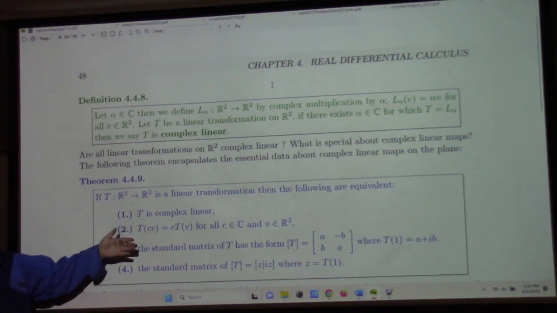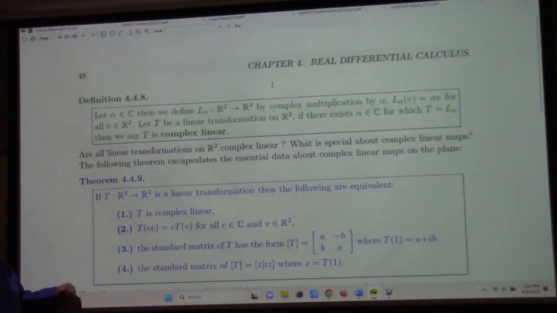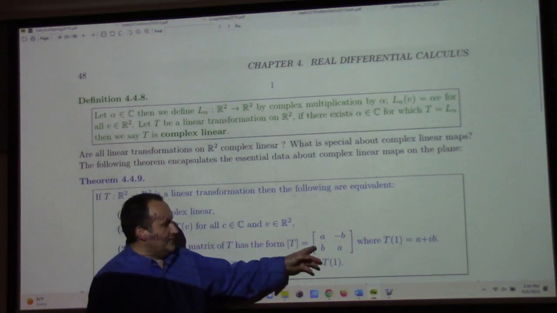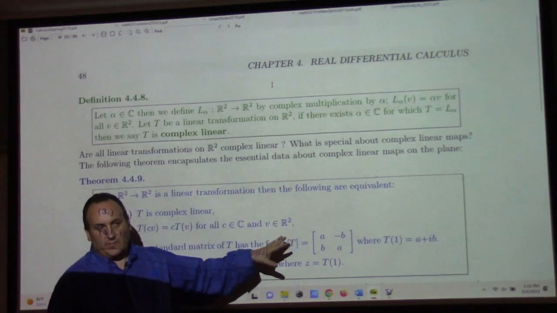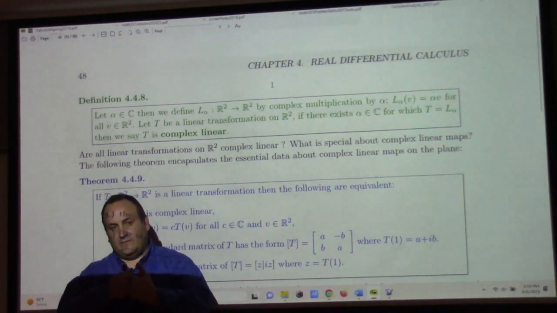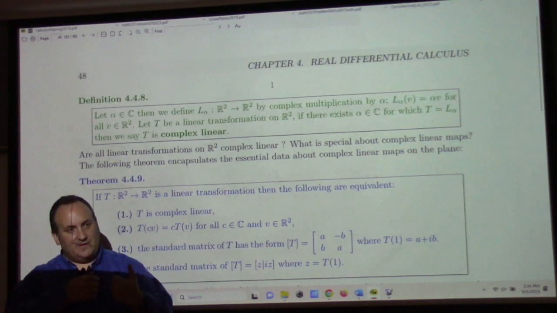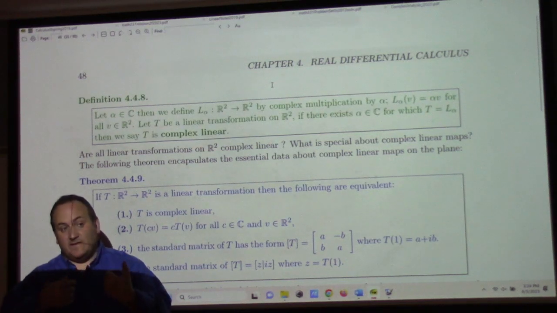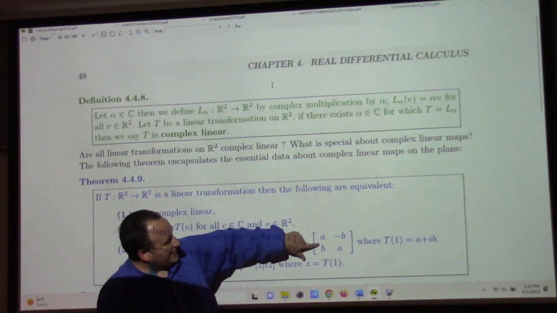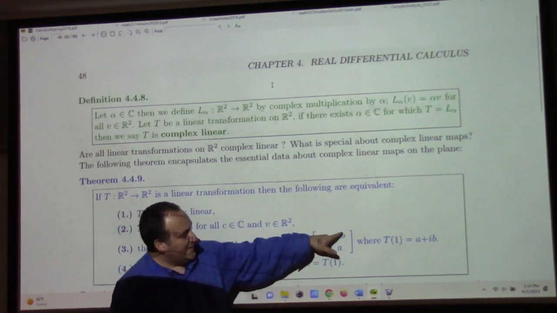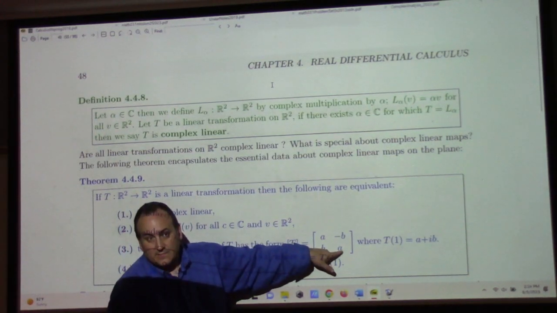As I just showed you, the standard matrix looks like that. And by the way, do you remember the other way to define the standard matrix from your linear algebra course? The first column is the linear transformation acting on the first basis element, T of E1. Well, E1 for us is 1, so the first column is T of 1, and the next one would be T of i.